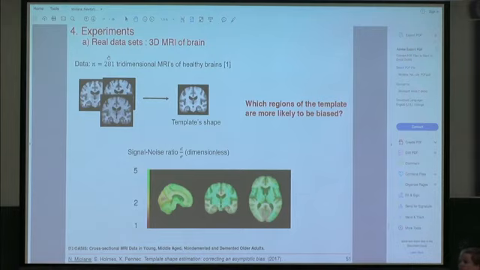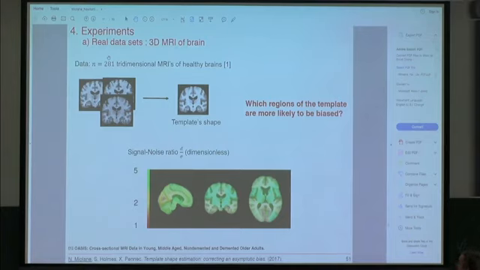Also the Lie group can be infinite dimensional because you take diffeomorphisms. And then the template shape estimation that people use has a regularization in the registration, which was not taken into account in this theoretical analysis. So a lot of complications, but we still try to apply our analysis to this case.